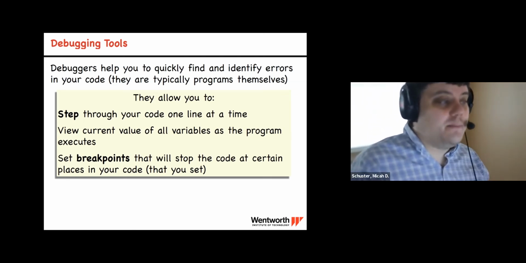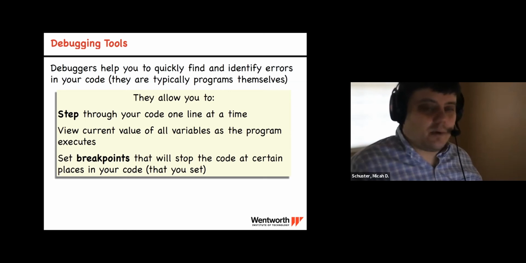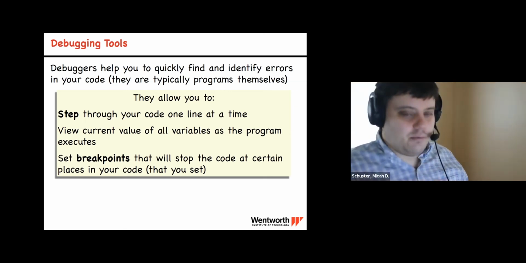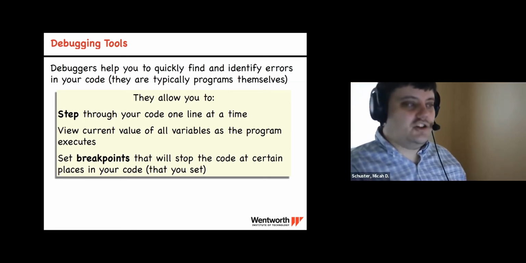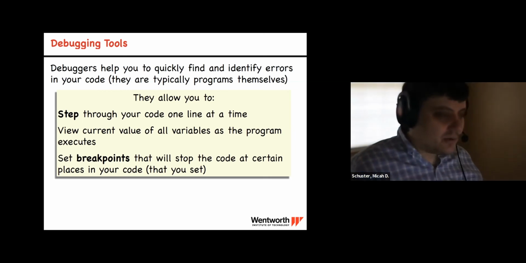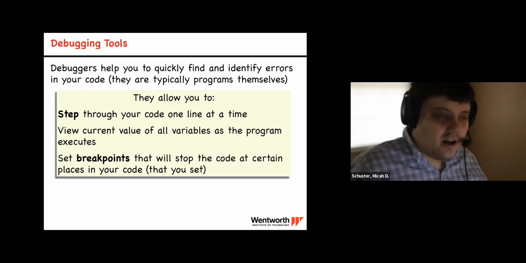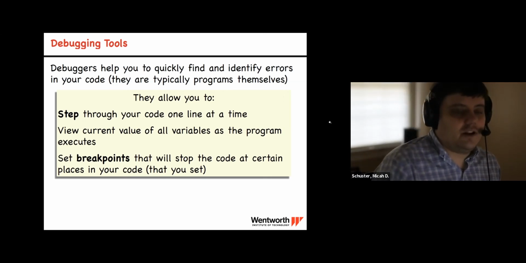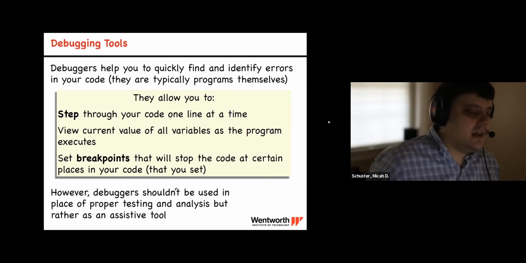And if your program is big and complex, you can set a breakpoint. So you can run your program normally up to a certain point and then have your program stop and let you execute the program one line at a time. So there are some really cool features that are very powerful for helping figure out what's wrong with code. And so we're going to look at how to use that today.